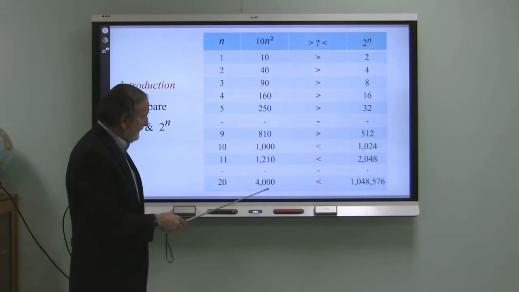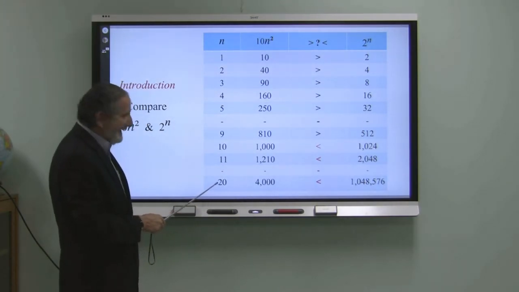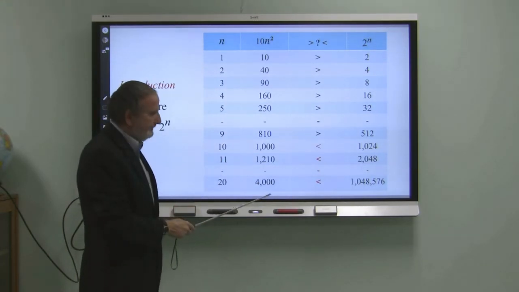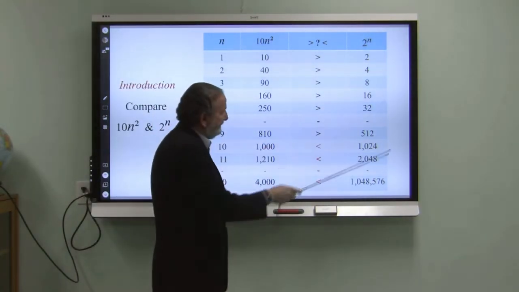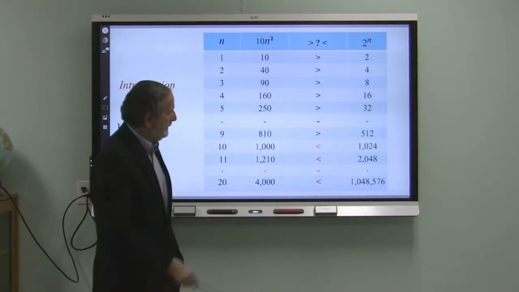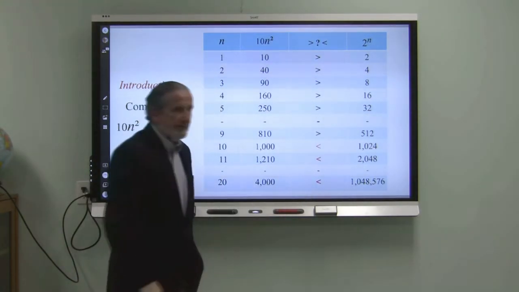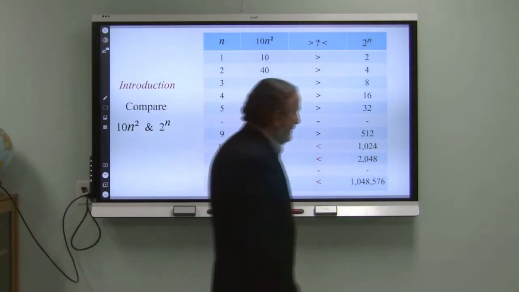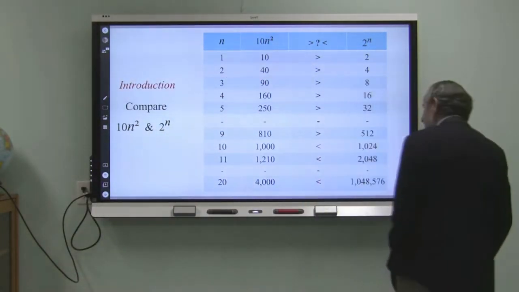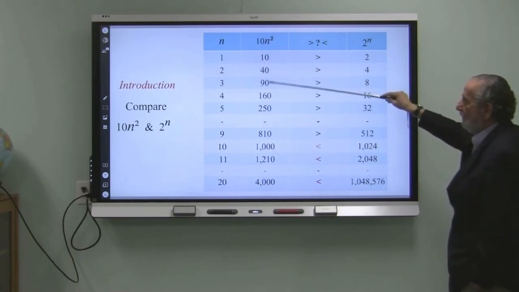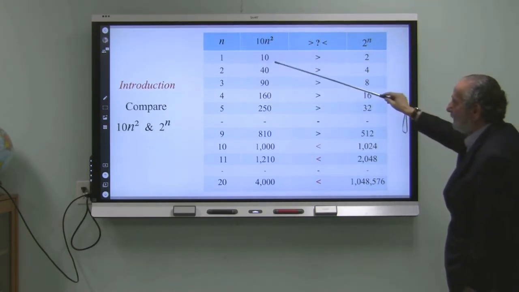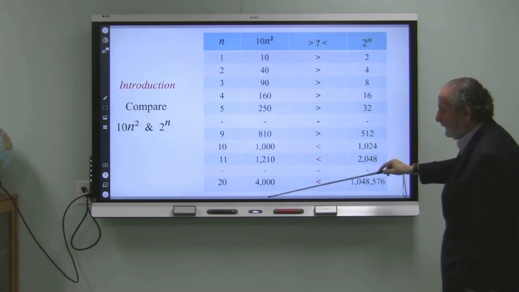If I continue at n is 20, 10n squared is 4000, while 2 to the power n is 1,048,576. So you see, what is really of interest to us is not how an algorithm behaves for small values of n, but what happens when n gets larger and larger.